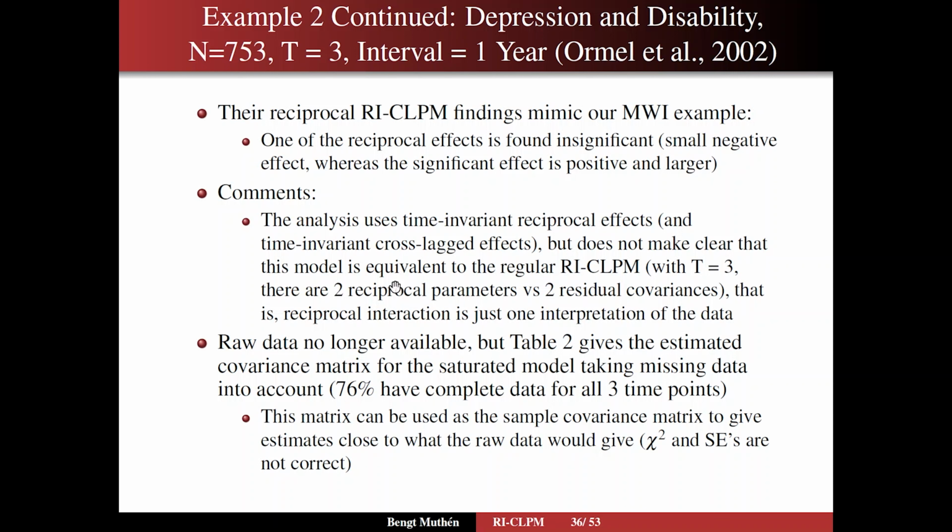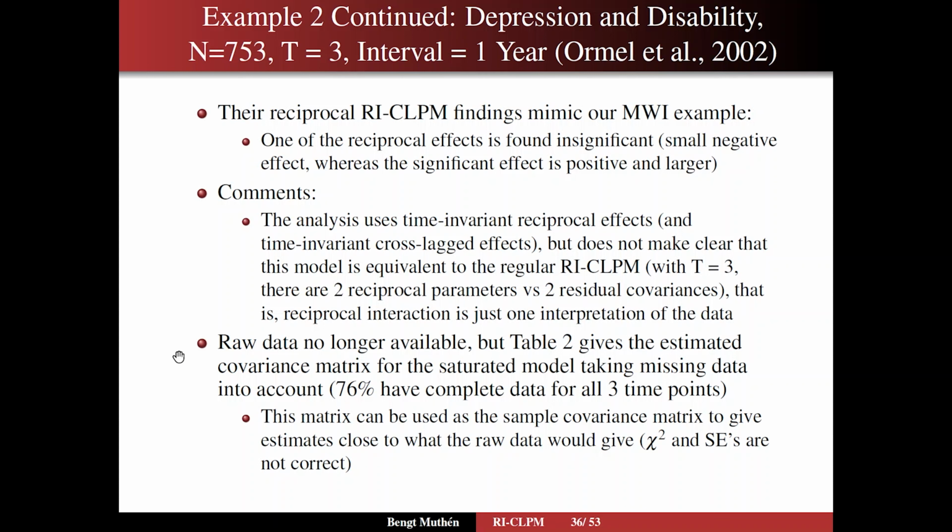With 3 time points, there are 2 reciprocal parameters in the reciprocal model, and there are 2 residual covariances in the RI-CLPM. So you have the same number of parameters. You have this model equivalence again, so the reciprocal interaction shown in figure 2 on the previous slide is just one possible interpretation of the data.